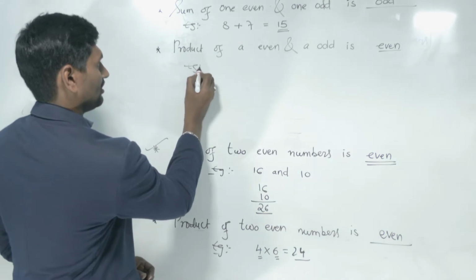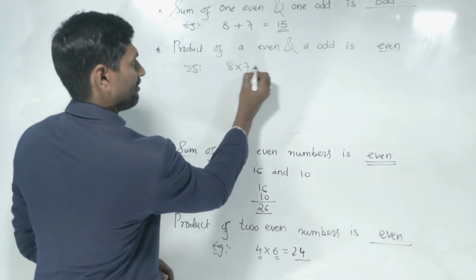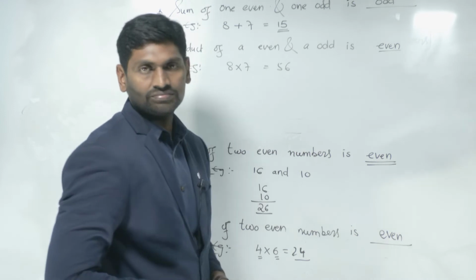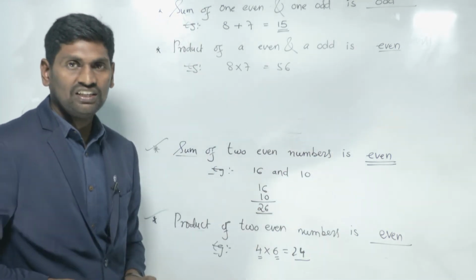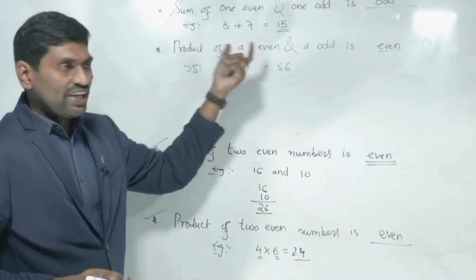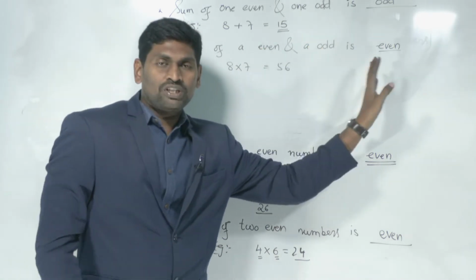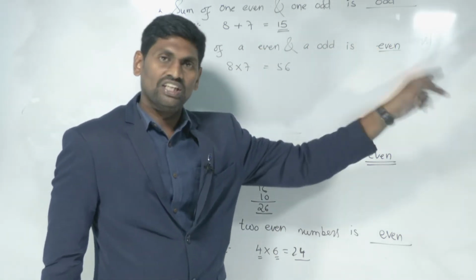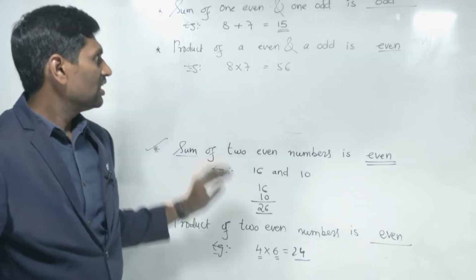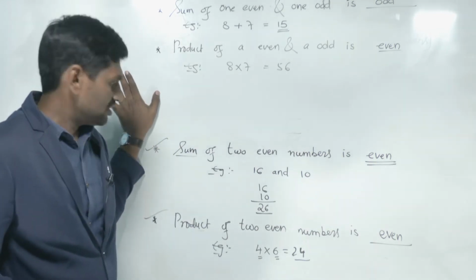Let us check that. Same, 8 into 7. 8 sevens are 56. So product of an even number and odd number, when you multiply any number with an even number, it gives only even. Got it?